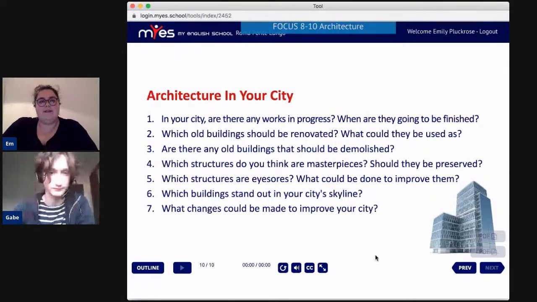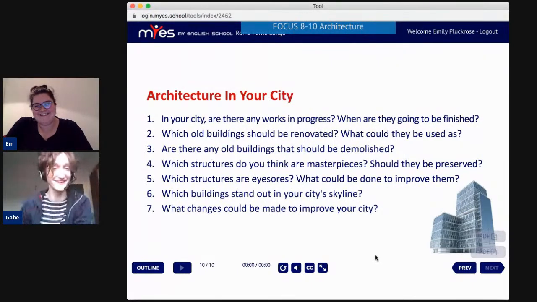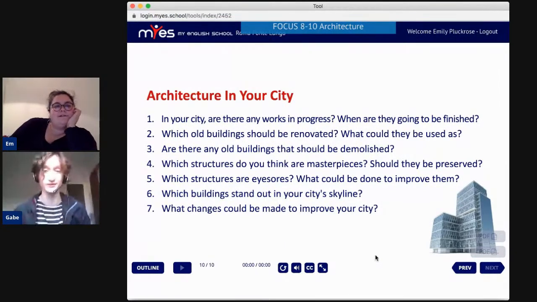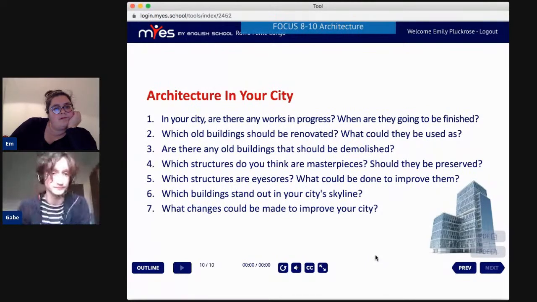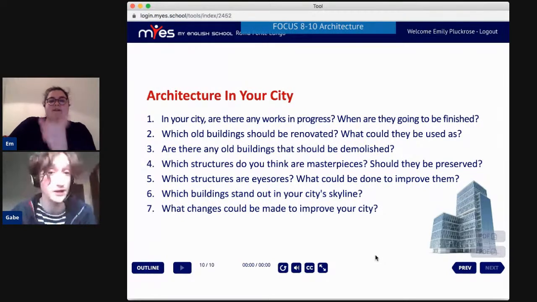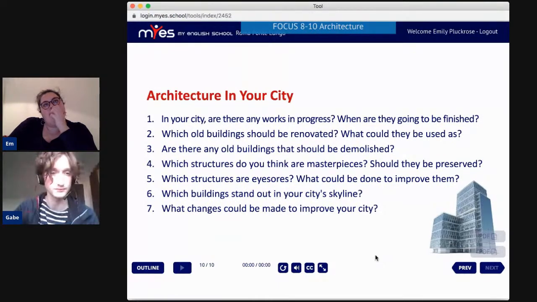So guys, you can pick any number, and please pick different ones. Pick any one you'd like to do and try and form it in a sentence. So in your city, are there any works in progress? Which old buildings should be renovated? Are there any old buildings that should be demolished?